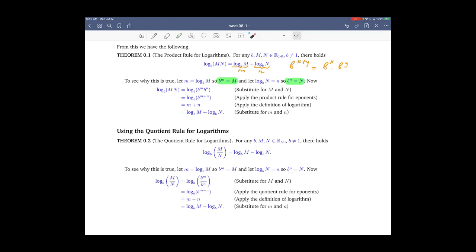What does it mean to say that log capital M base b equals m? It means that if you were to raise base b to a certain power, hoping to get capital M, the power that you need to raise b to is exactly little m.